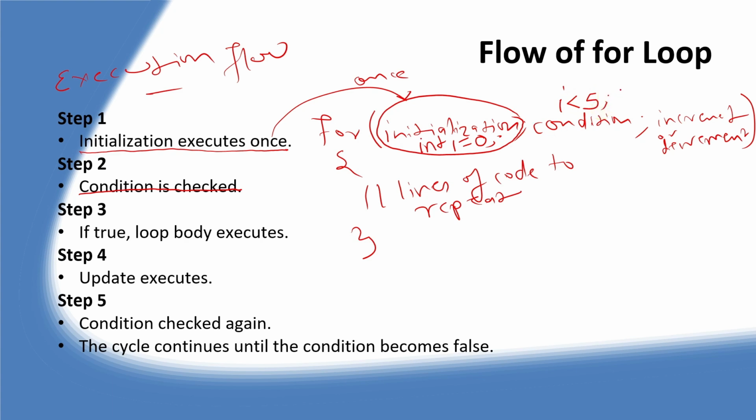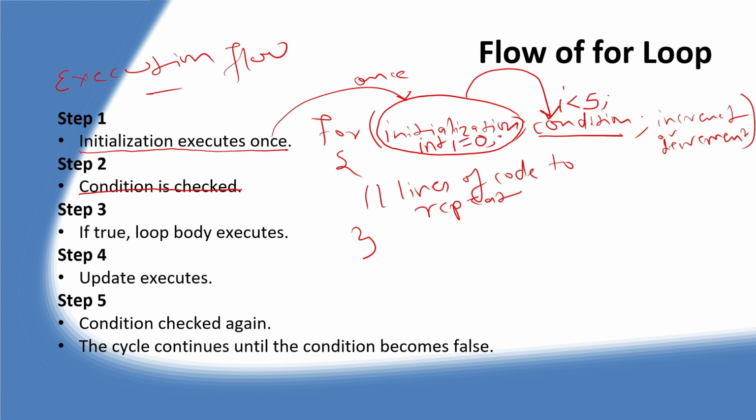This condition will get checked. Since initialization is i equals 0, the current value of i is 0. After initialization, it moves to the condition checking phase. It will check whether i is less than 5. Yes, 0 is less than 5.